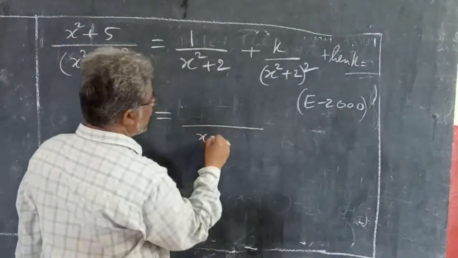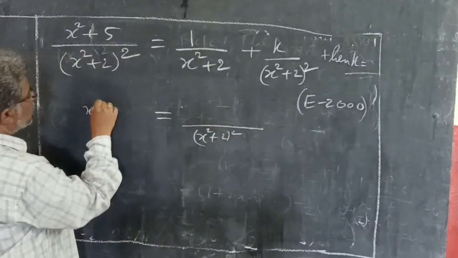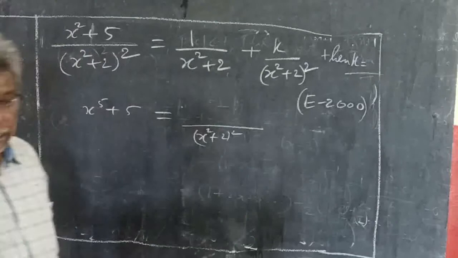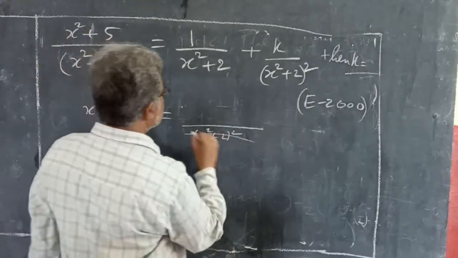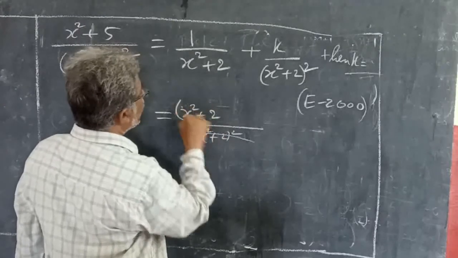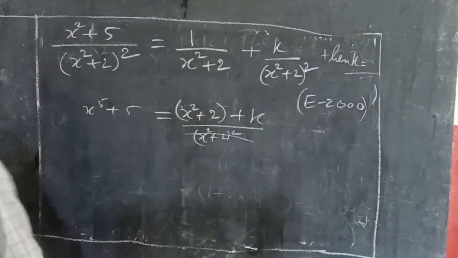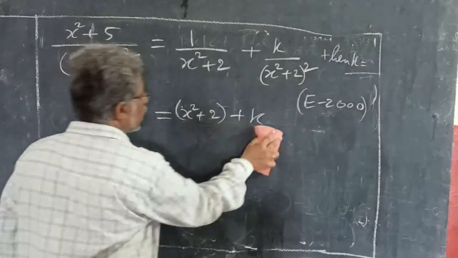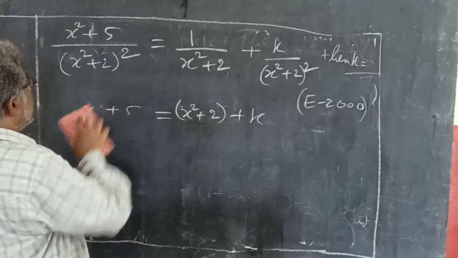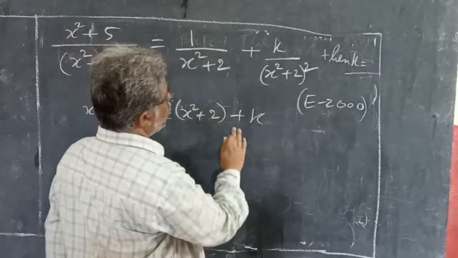So if you take LCM, this is (x square plus 2) whole square, and on this side x square plus 5 by 3. So the denominators are directly cancelling. Left out here is x square plus 2 plus k. So I am cancelling denominators directly. What I got is x square plus 5 equal to x square plus 2 plus k.